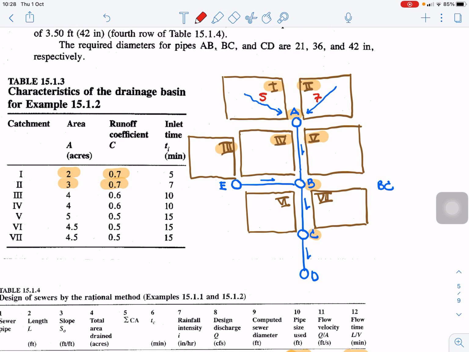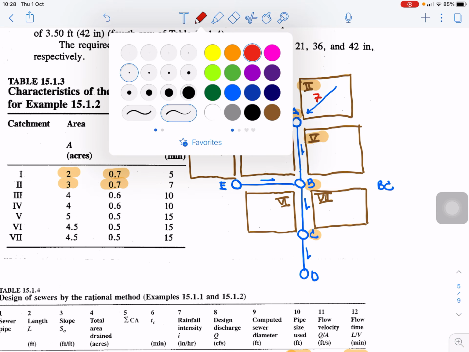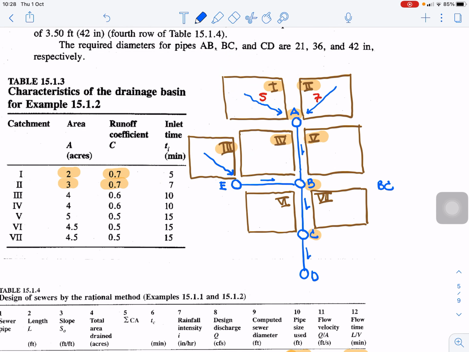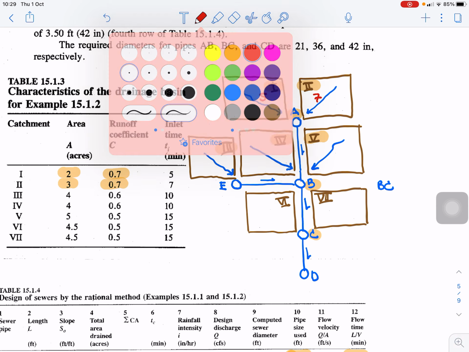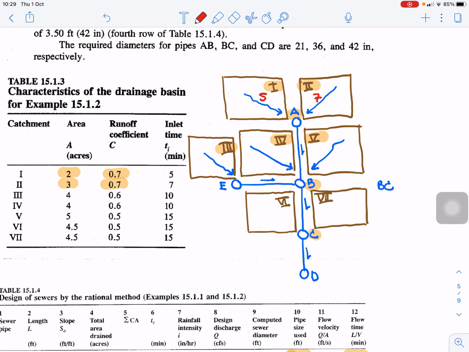Let's see, for the pipe from 2, 3, and 4, the time of concentration from catchment 3 is already 10 minutes.